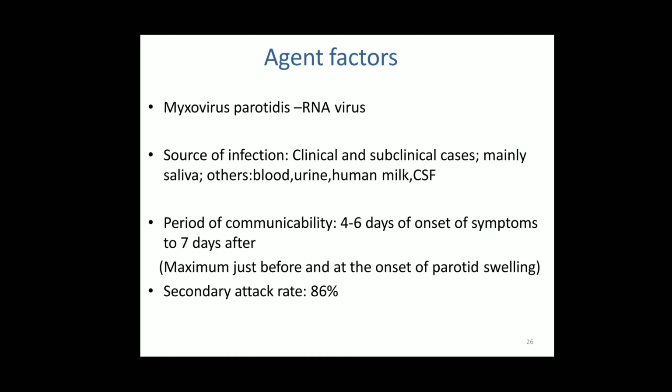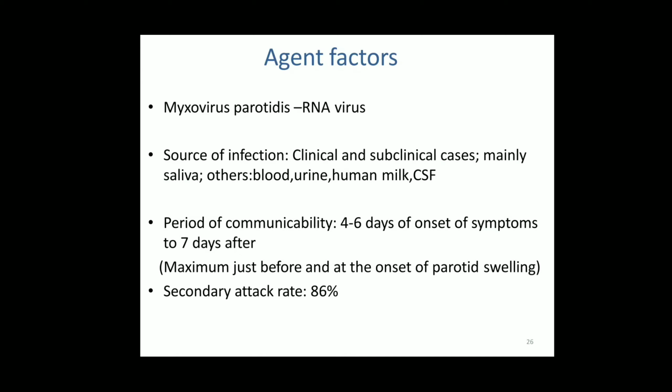Based on that we can go for the period of communicability. The period of communicability is 4 to 6 days before the onset of symptoms and up to 7 days after.